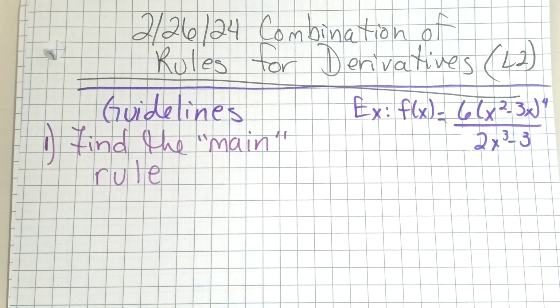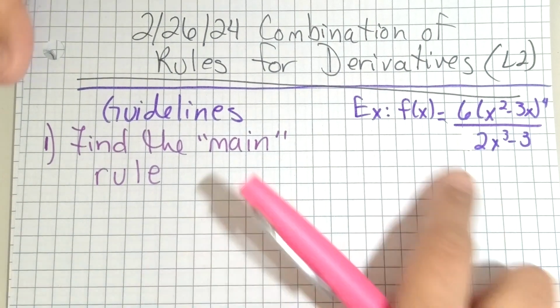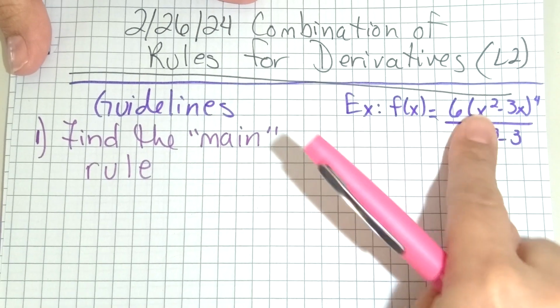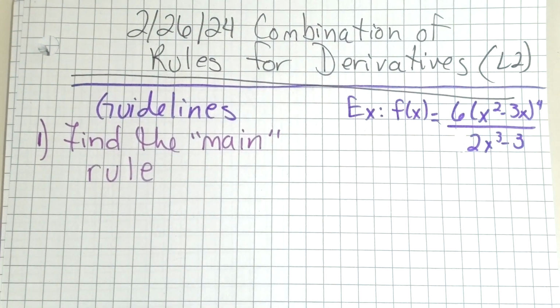So again, the main rule, the main derivative, is the thing that is made up of smaller parts. So if we look at this function right here, what is the main derivative that is made up of smaller parts? Or main rule?